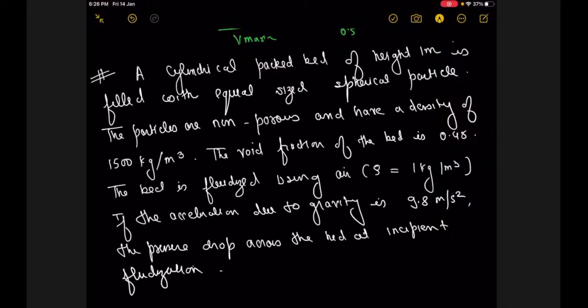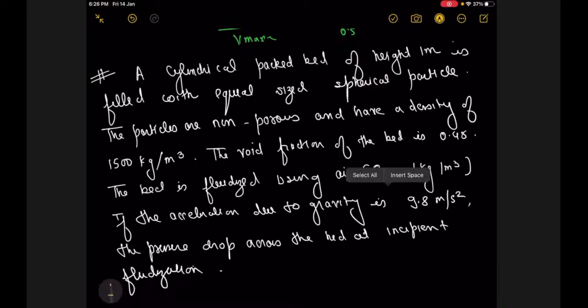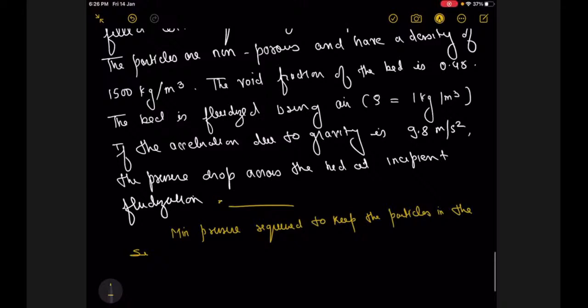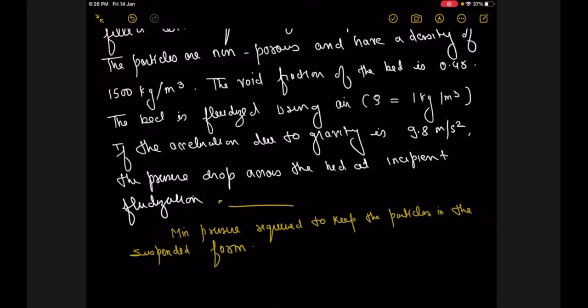So what is incipient fluidization? Incipient fluidization basically means minimum pressure. Okay, minimum pressure required to keep the particles in suspended form.